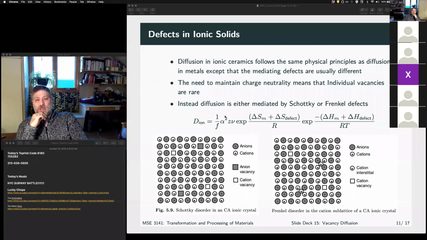And so instead of being mediated by single vacancies in ionic ceramics, you can have Schottky diffusion, where essentially now you have this cation can hop into this vacancy, and you can have an anion hop into this, and in the same way these vacancies can move around in coupled pairs, right?